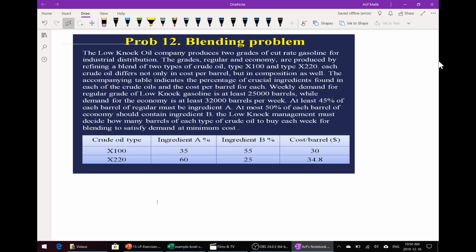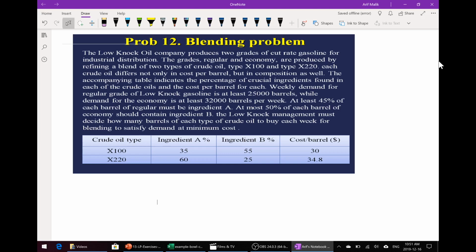The accompanying table indicates the percentage of crucial ingredients found in each of the crude oils and the cost per barrel for each.